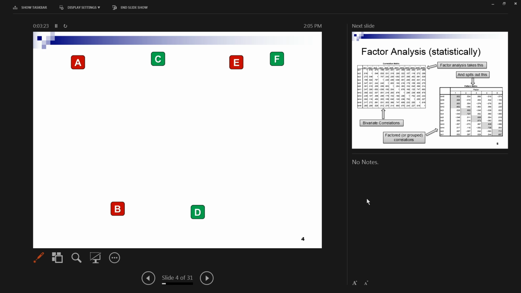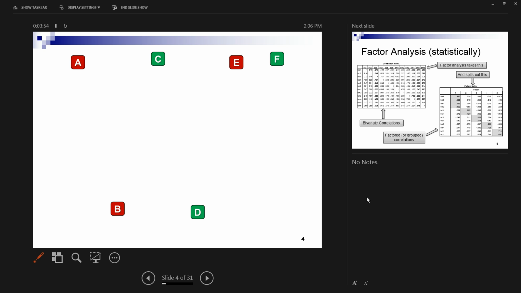We have a hard time when we have a lot of items. It's kind of hard as humans to crunch it, right? The exploratory factor analysis takes all your items, usually not just 6, usually more like 40 to 100. Can you imagine doing this with 40 to 100? This would be really difficult. And it says, here are the general corresponding movements among your variables.